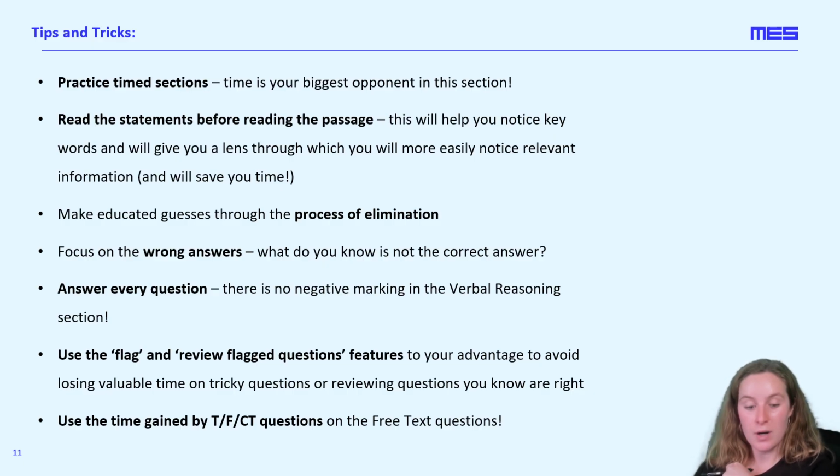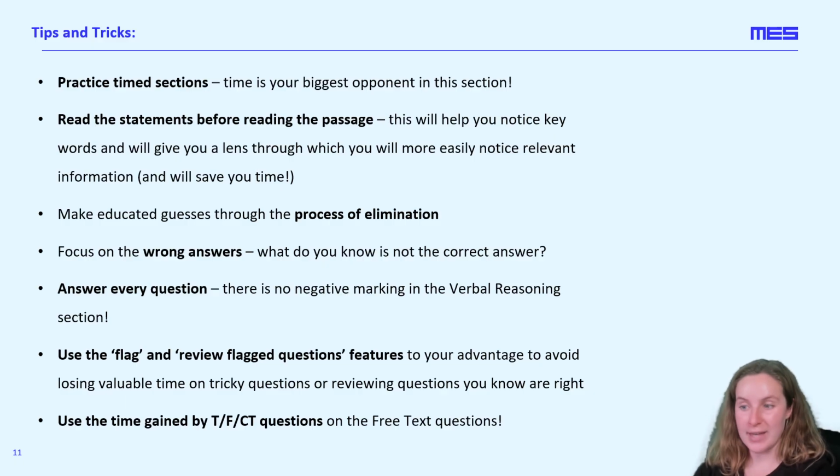So there's no harm in trying to get through all of the questions, even if you don't have the time to make sure you're right on each one. What's crucial is to use the flag and review flagged questions features to your advantage. If you're not sure, but you realize you may be getting close to your 28.6 second limit of how much you should be spending on each question, then you want to flag the question, Alt F, and move on.